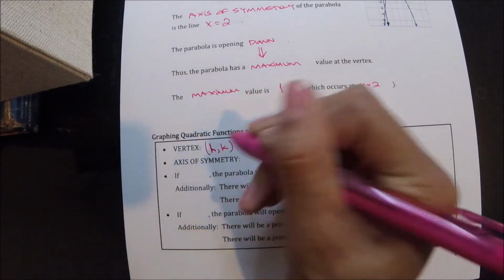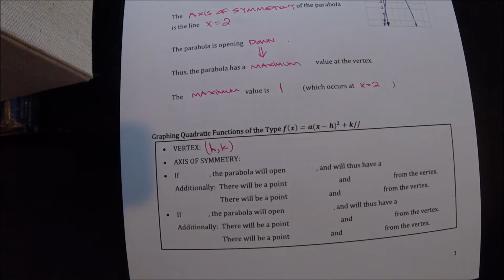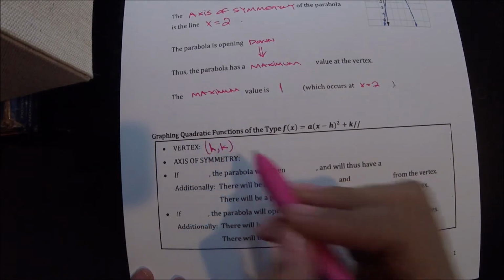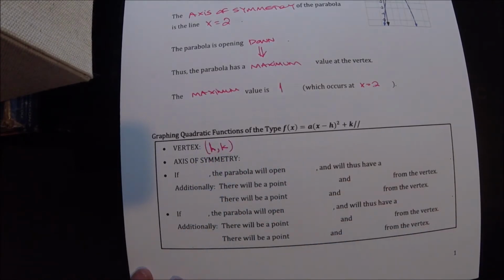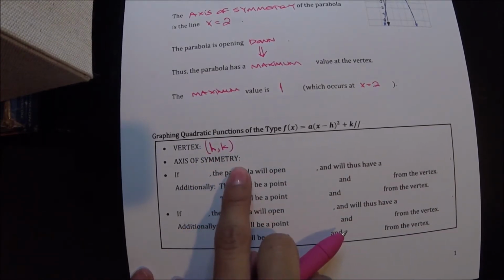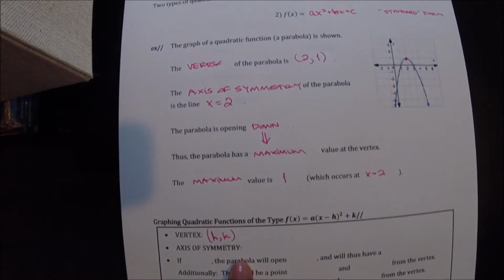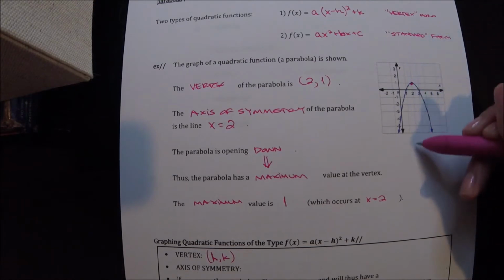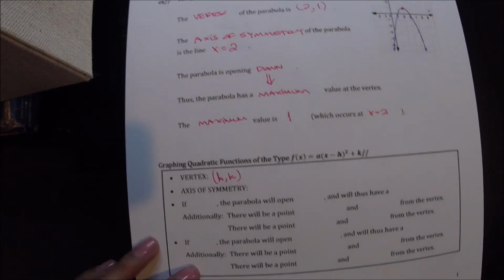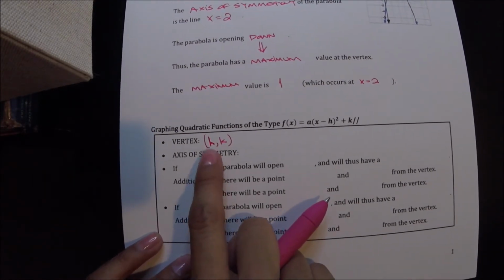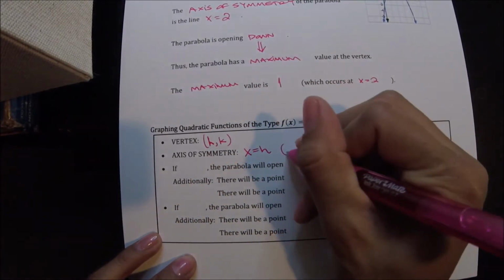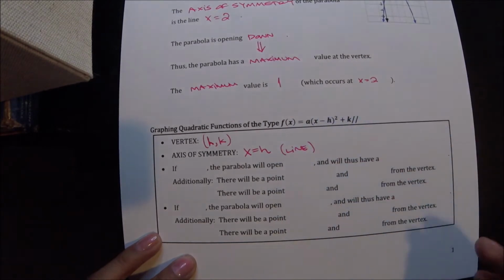Hence why it's often called vertex form, because if it's in this form, you can just pull that h out, pull that k out, and that would give you your vertex. And then the axis of symmetry, well, we just saw in this example that the axis of symmetry has to go through the vertex at the x value. So here, the x value of the vertex is h, so the axis of symmetry would be the line x equals h.